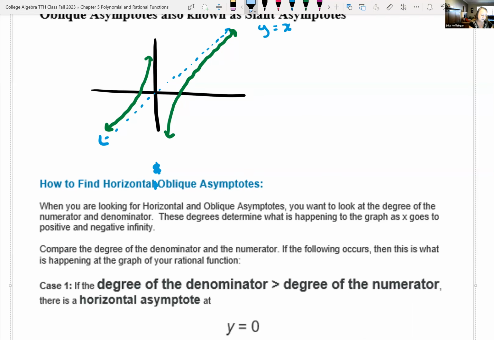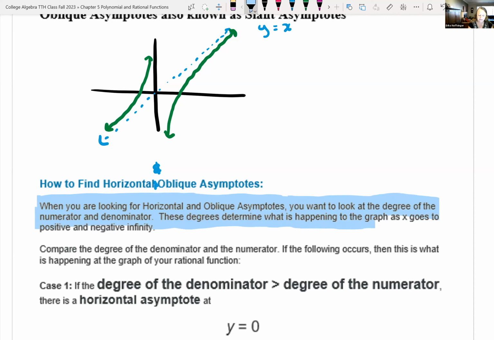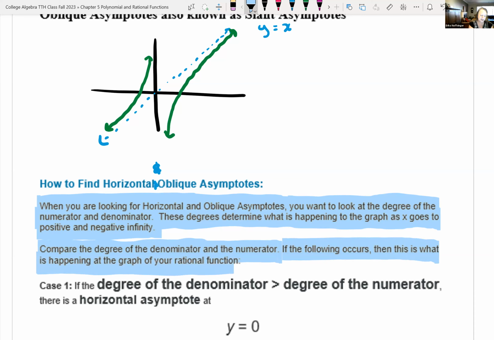When you're looking for horizontal and oblique asymptotes, you want to look at the degree of the numerator and the denominator. These degrees determine what is happening to the graph as x goes to positive and negative infinity. We're going to compare the degree of the denominator and the numerator. If the following occurs, then this is what's happening to the graph of the rational function.